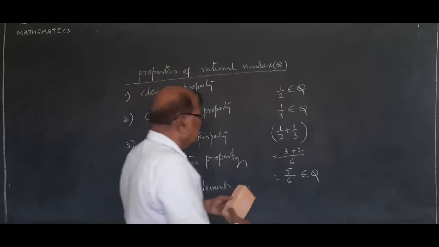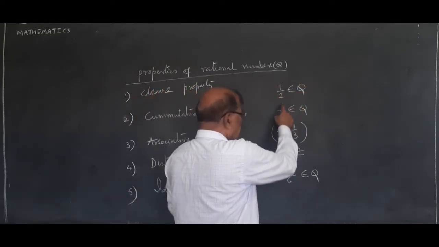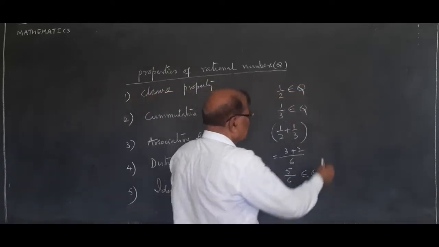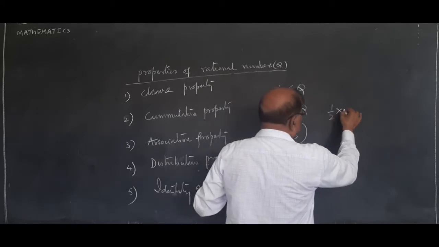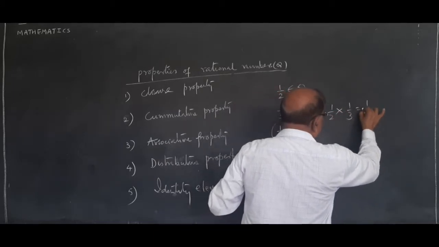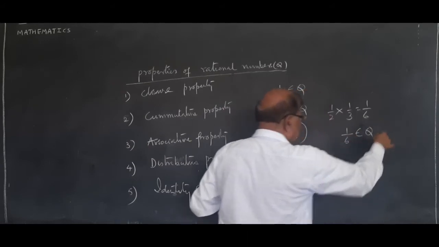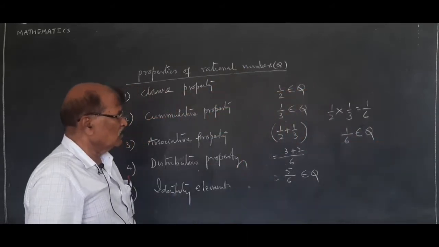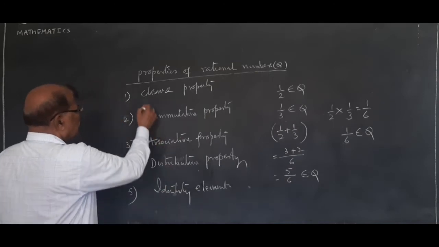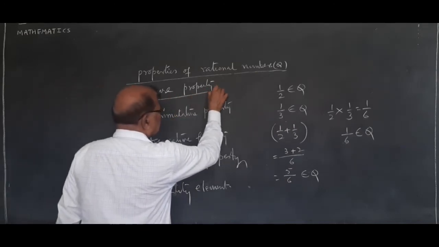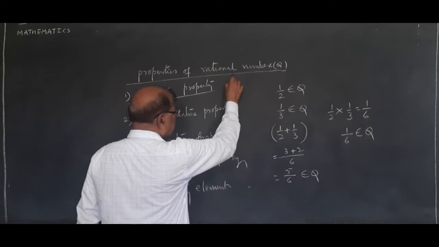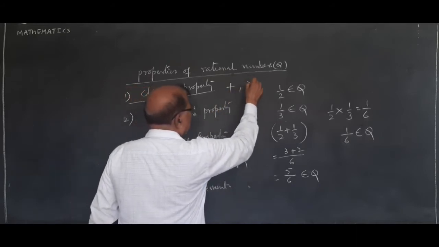Let us see in multiplication. 1 by 2 belongs to Q, 1 by 3 belongs to Q. Let us see 1 by 2 into 1 by 3. This is 1 by 6. 1 by 6 also belongs to Q, the set of rational numbers. So, the closure property holds good in addition and multiplication.